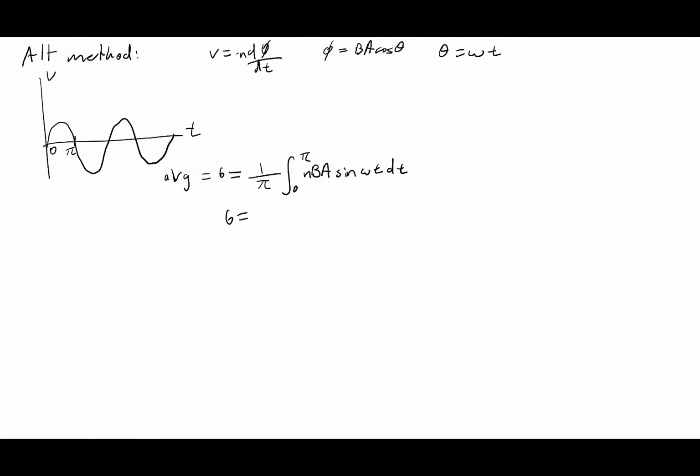This will go 6 equals 1 over pi times 3,000 times, was it 2 to the negative 3? Missing a negative. No, because the negative cos theta derives into positive sine theta, and also we're considering magnitude anyway.